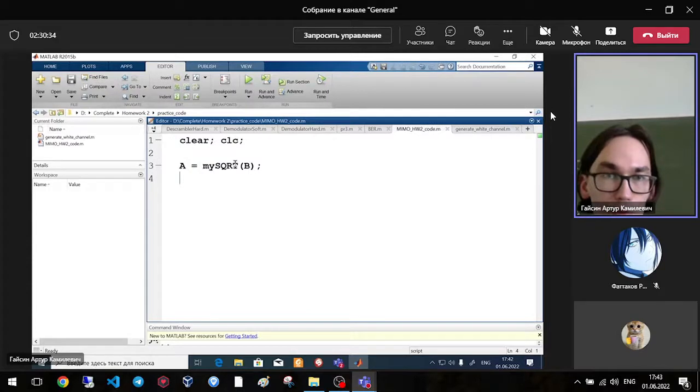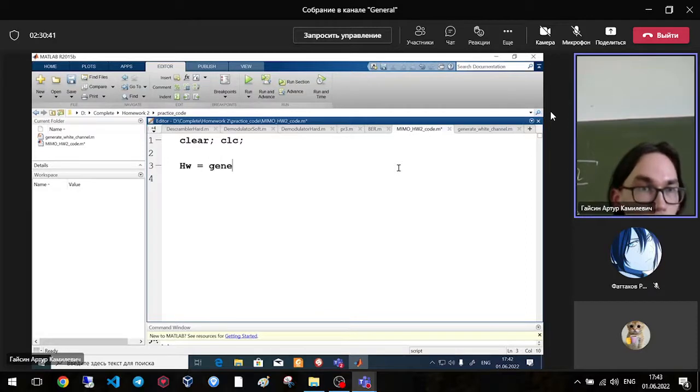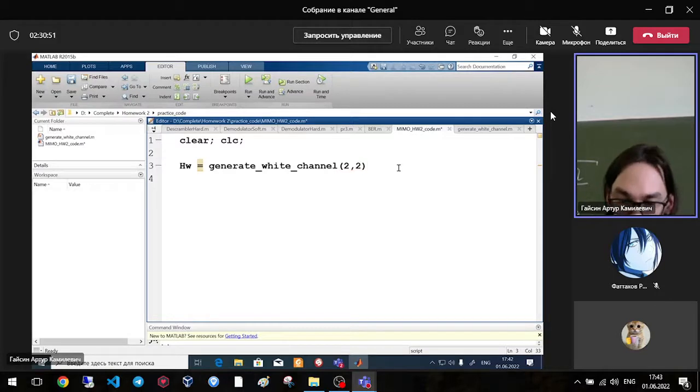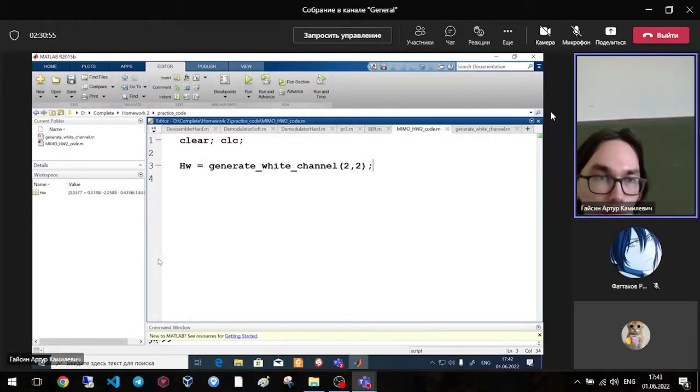And if you use it here, let's call it HW, generate white channel. And let's assume that the number of receive and transmit antennas is equal to 2. Let's check this code. So yes, we have this HW.